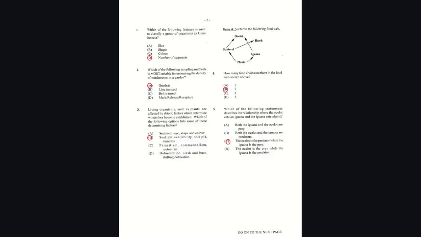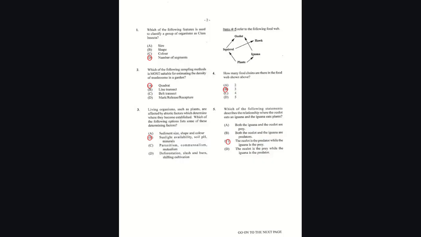When I went to university, that's when I learned about the line and belt transects and the mark-release-recapture methods in university biology. But the most common one is the quadrat to be able to estimate the density of mushrooms in a garden, and it is what would work the best out of these options in order to estimate the density.